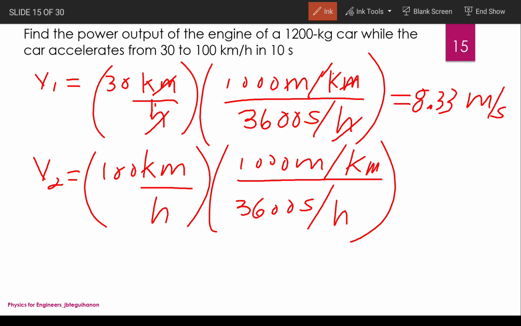So cancel out kilometer, and cancel out the hour here and the hour there. And this is equal actually to 27.78 meters per second. Okay, so we have that, and we move forward.